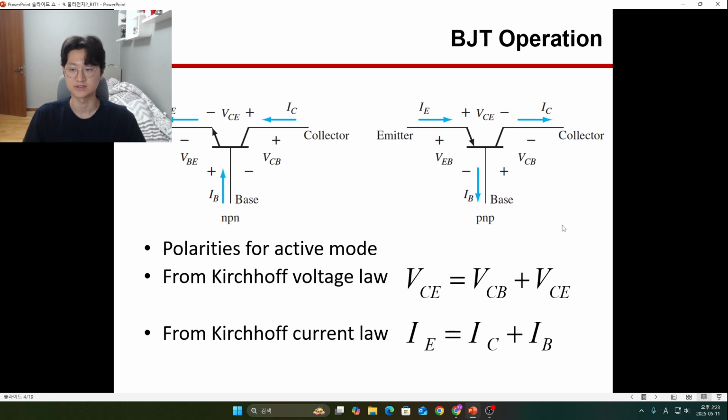In this transistor, the emitter current equals the collector current plus the base current, and this base current is a very small value.